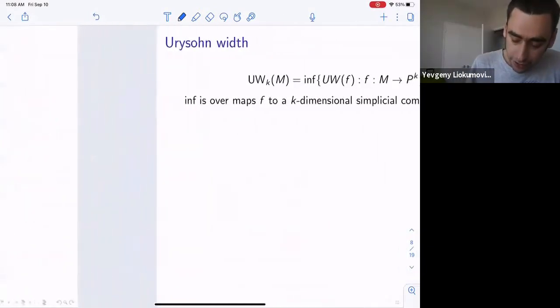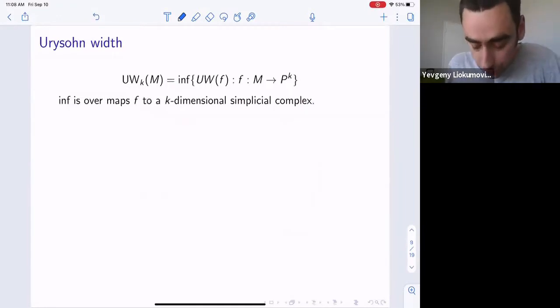And then the k-dimensional Urysohn width is defined as the infimum of the Urysohn width of all maps from our metric space M to some k-dimensional simplicial complex.